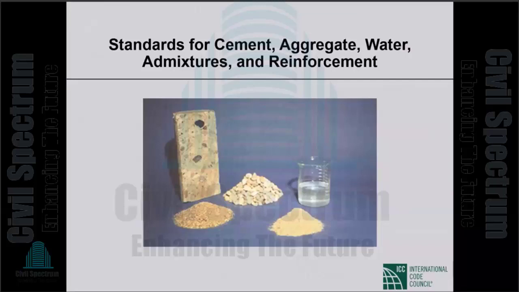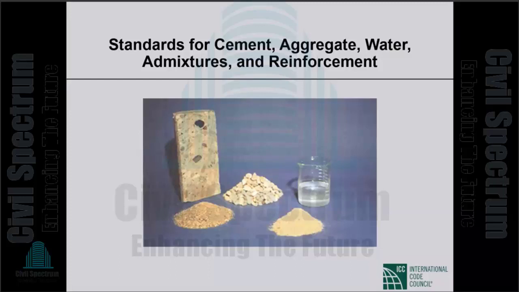But for a long time now, we also have admixtures in concrete. Admixtures used to be classified as mineral admixtures and chemical admixtures. Mineral admixtures will be something like blast furnace slag or fly ash.